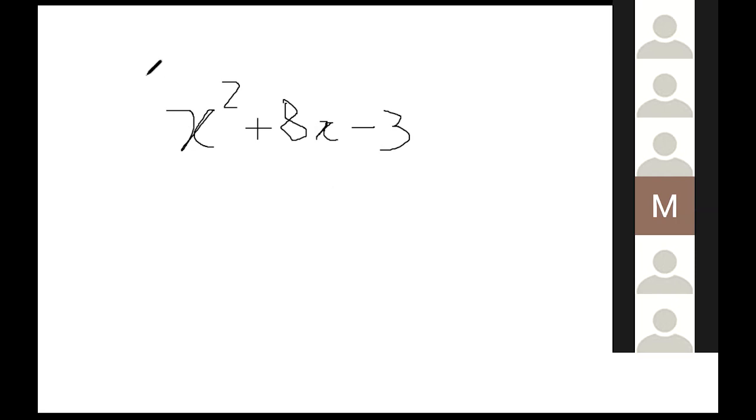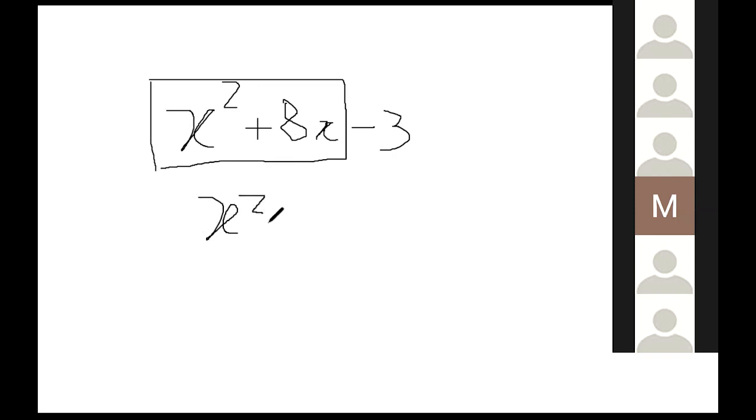What is missing to be a perfect square? A perfect square is x squared plus 2 times x times t, plus t squared, equals 0.